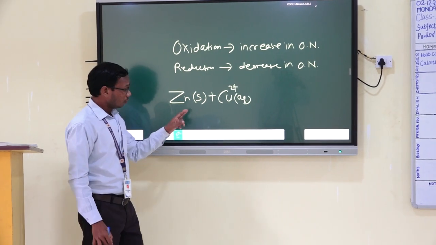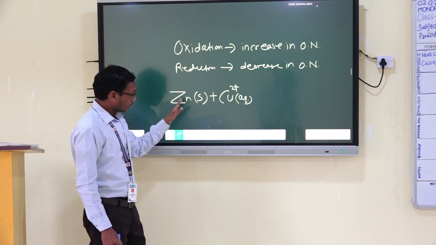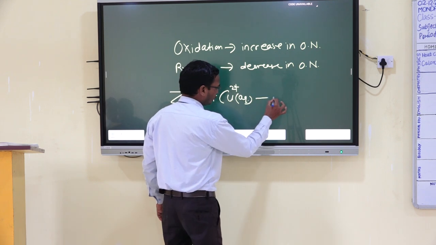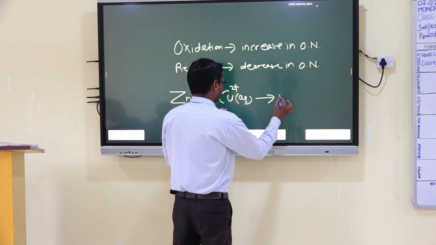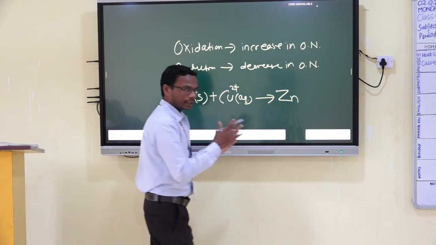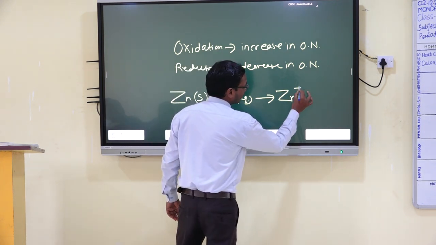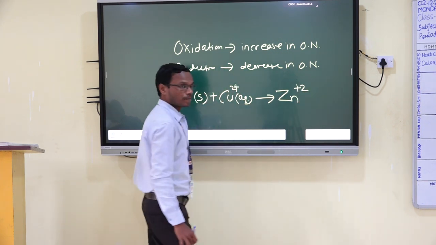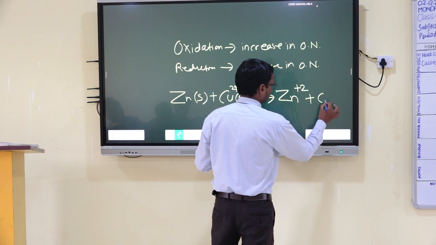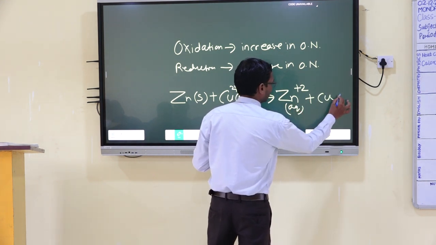Zinc is more reactive than copper, so zinc will displace copper and form a new compound, Zn2+, and your copper will be Cu. This is aqueous, this is solid.